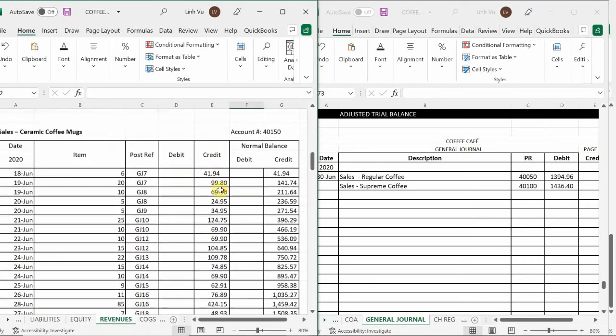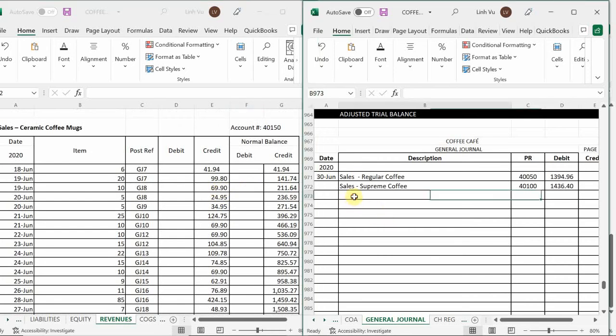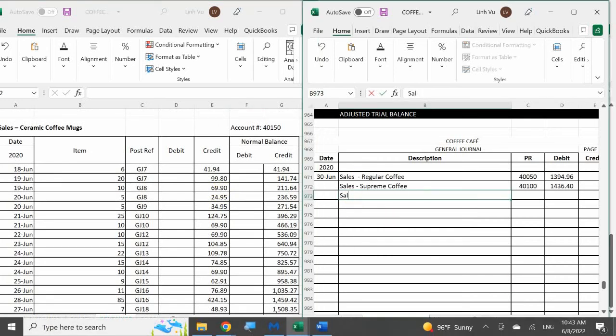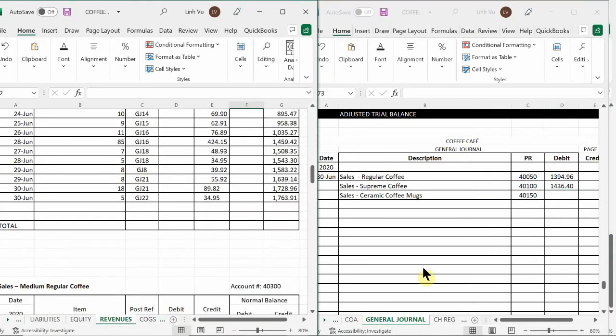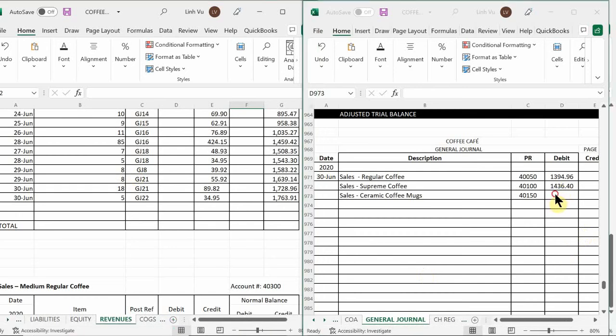Next one we have here is our sales for ceramic coffee mugs, account number 4150. And the account balance here for my ceramic coffee mugs, I need to debit this at $1,763.91.